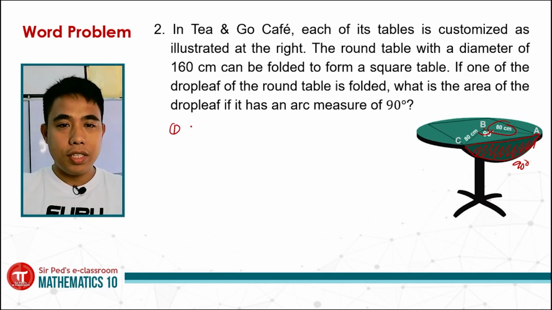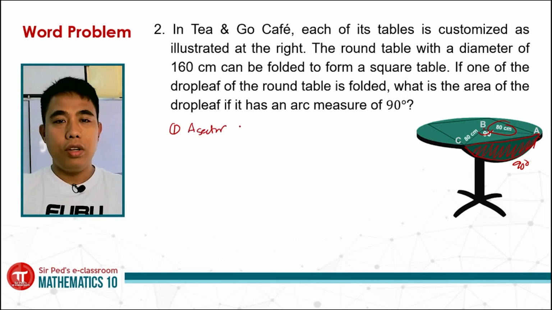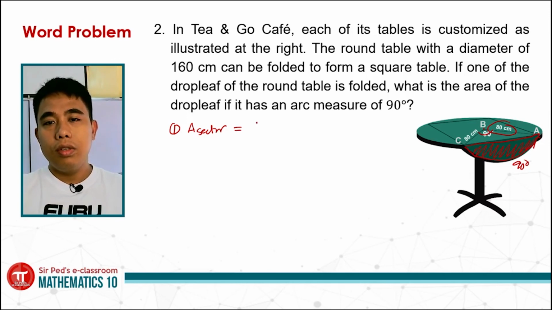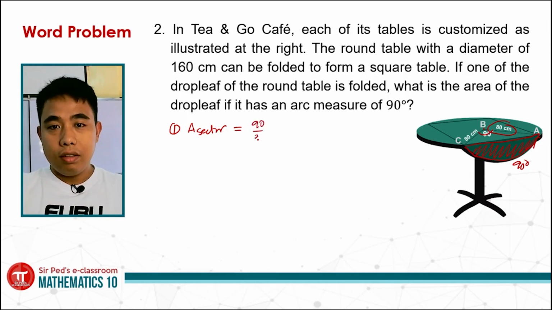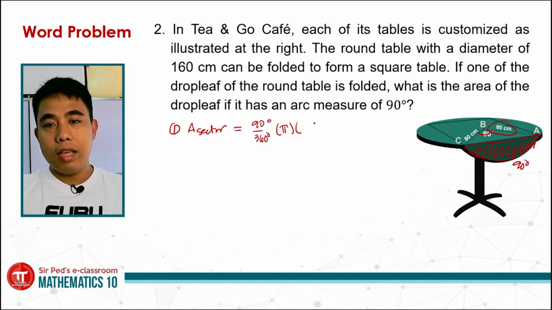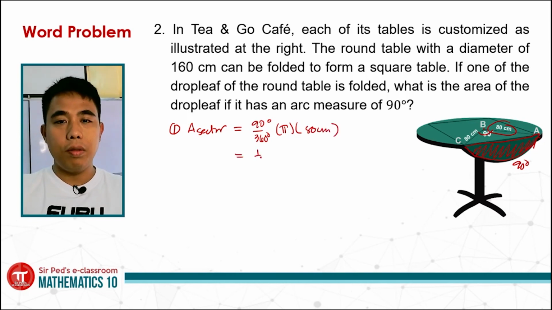So yung first step natin, find the area of the sector. So since we label it as ABC, then let's find the area of sector ABC. So area of the sector is equal to 90 over 360 degrees times pi times r squared, that is 80 centimeters. So that will be 1/4 times pi times squared pala to.